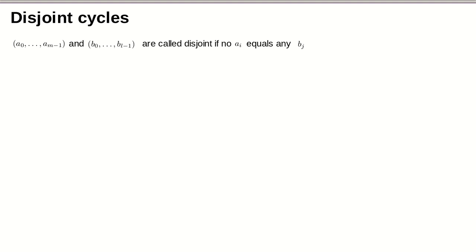Last definition for this lecture is disjoint cycles. This is a really simple definition. Two cycles are called disjoint if none of the numbers in the first cycle are equal to any of the numbers in the second cycle. So for example, if we take (1 5 2) and (3 4 7), those are disjoint cycles.